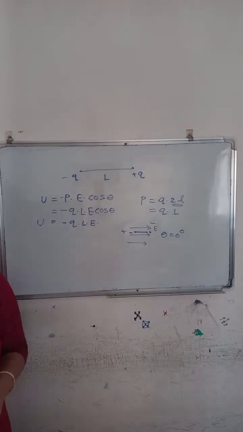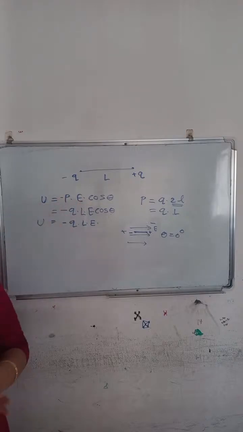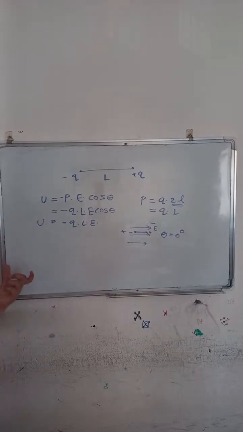Don't take option A in a hurry, okay, because that is positive, and while deriving we derived that U is equal to minus P E cos theta. Are you getting this? Understood how to solve this kind of question?